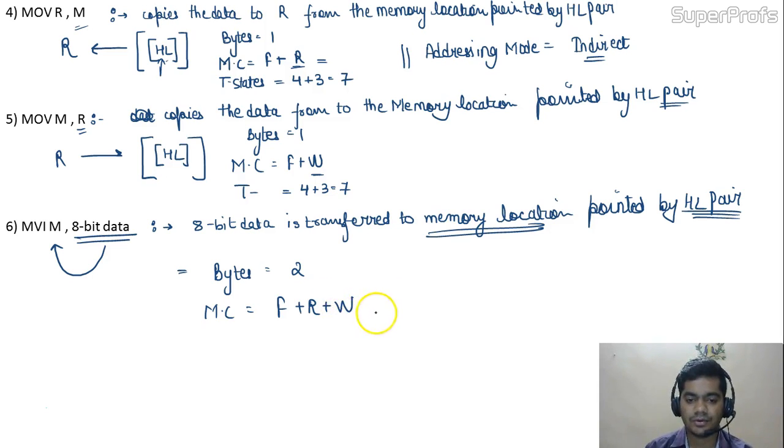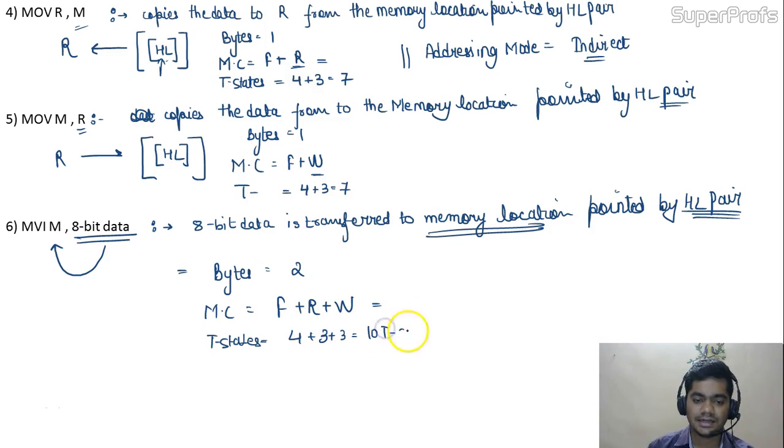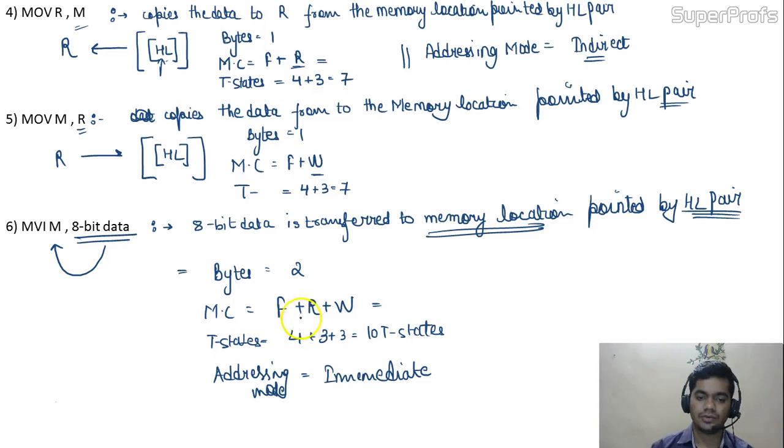The total T states involved in this instruction would be 4 plus 3 plus 3, that is 10 T states, and the addressing mode for this instruction would be immediate, because we are immediately providing the data in the instruction itself.